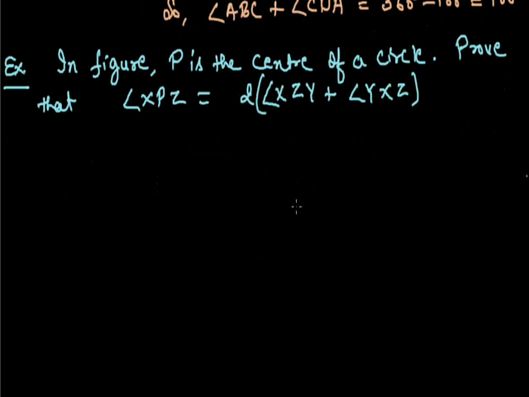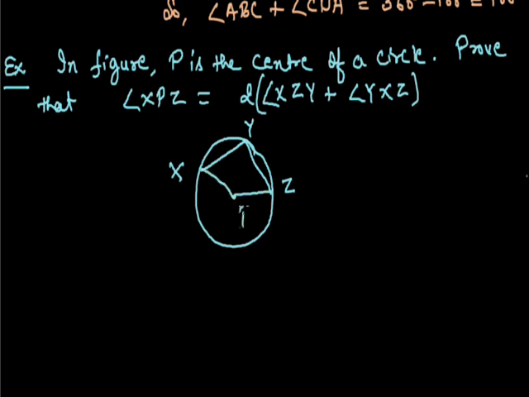The figure is given: circle XYZ, and P is the center of the circle. So we have to prove angle XPZ equal to twice of angle XZY plus angle YXZ.